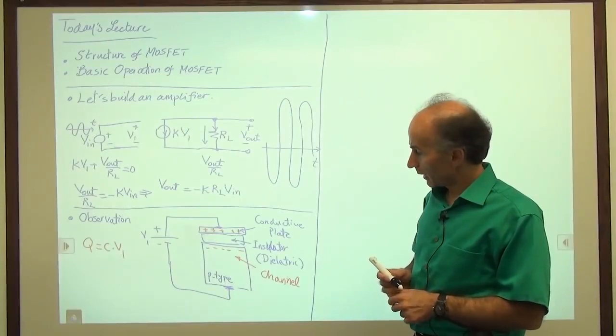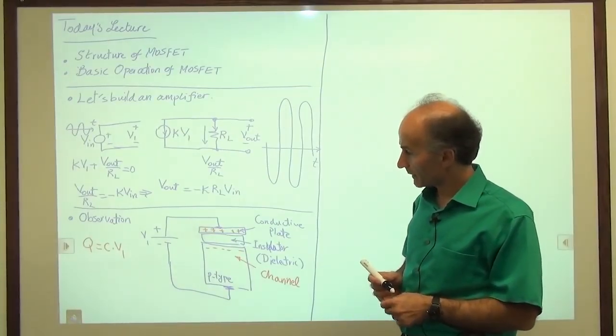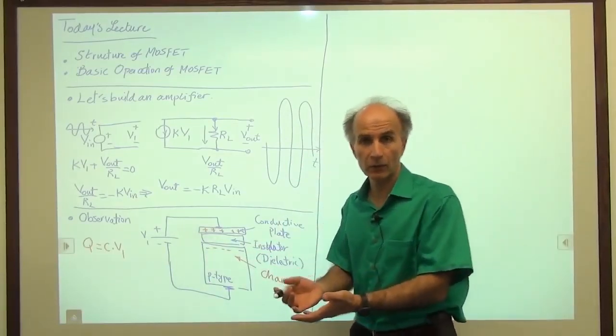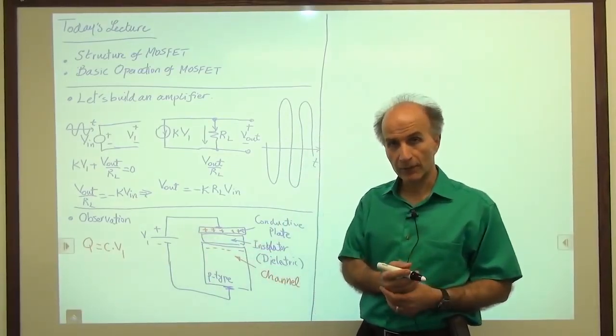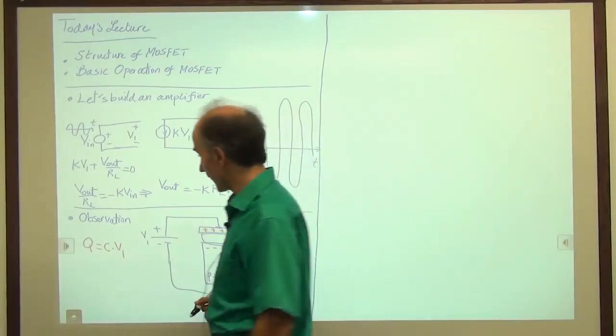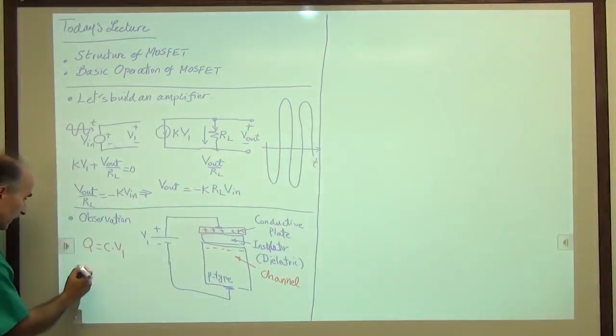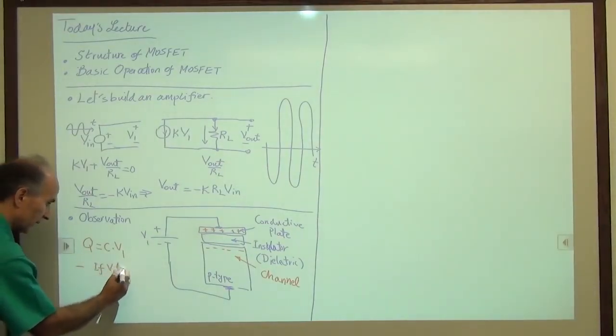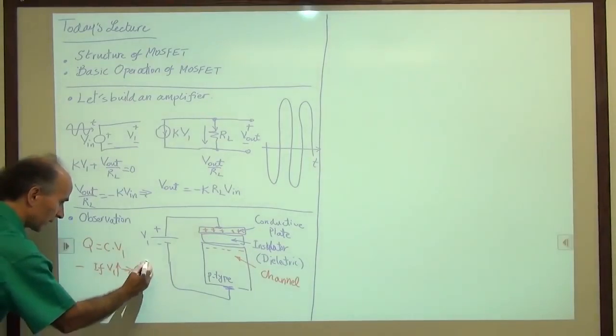Okay, all right. Now what happens if V1 increases? So let's say V1 is a volt. Now it becomes 1.5 volts. Well, we have more charge, right? So we see that if V1 increases, Q increases.